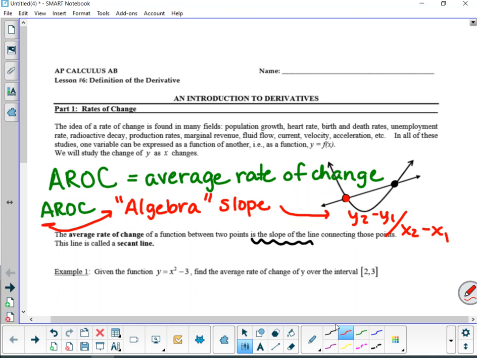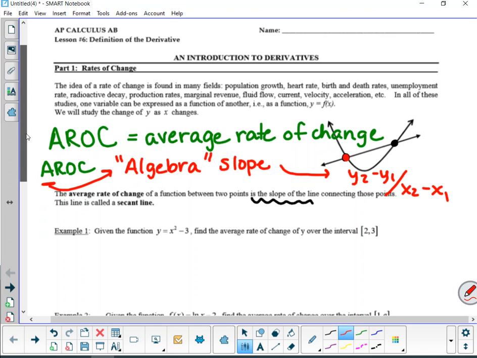In calculus, how we're going to differentiate between a couple different kinds of slope or rates of change is we're going to talk about average rate of change versus instantaneous rate of change. We'll write that down in a minute, so you don't have to worry about writing it down now. An average rate of change is an algebra slope.